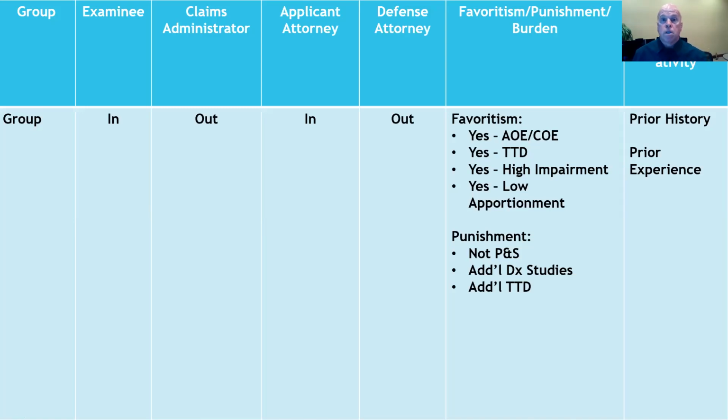He would spend extra time in the face-to-face evaluation or perhaps find an extra hour of review of records time. In other words, you understand what I'm saying? That was under the old fee schedule, but he had prior experience that shaped the way he approached his very next case with the same claims administrator.